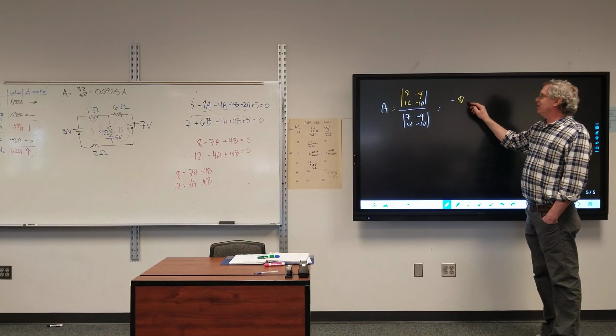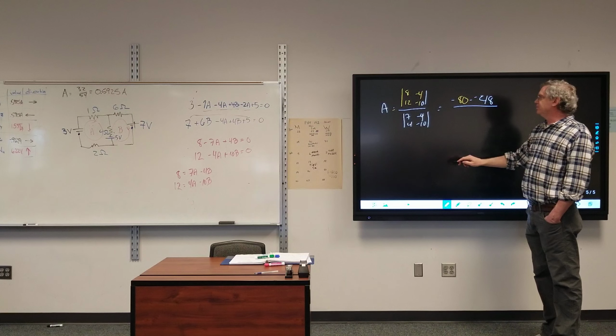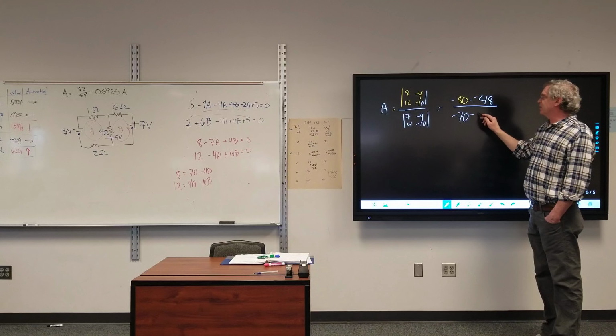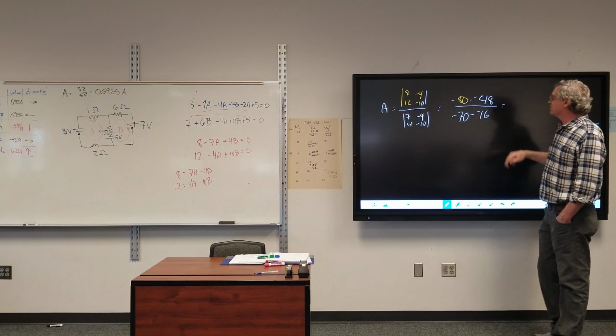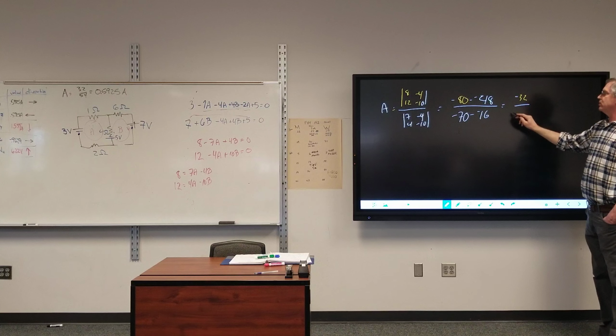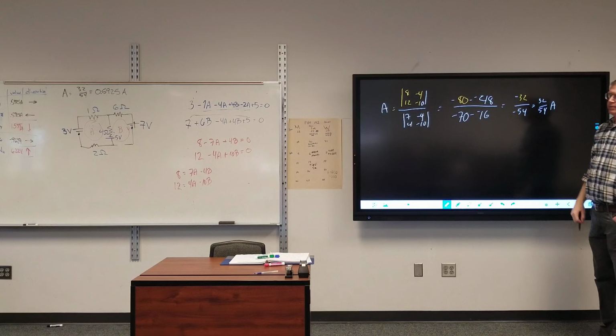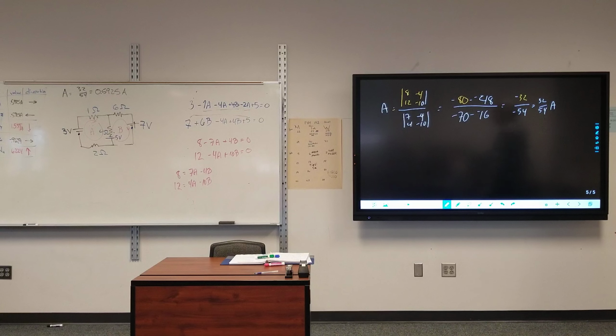So I get negative 80 minus negative 48 over negative 70 minus negative 16, which is negative 32 over negative 54, which I believe is what we had before.